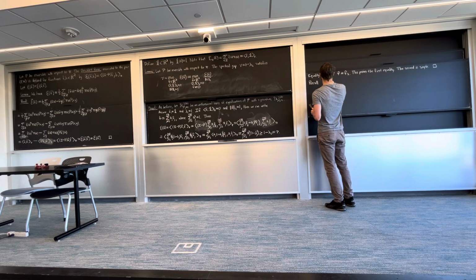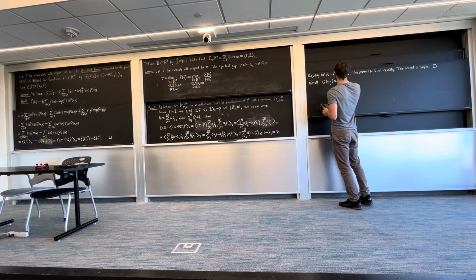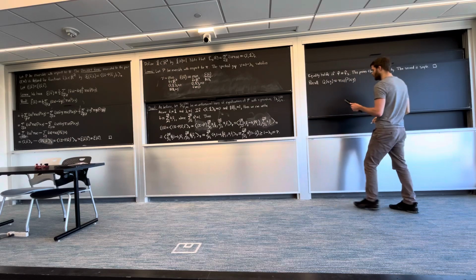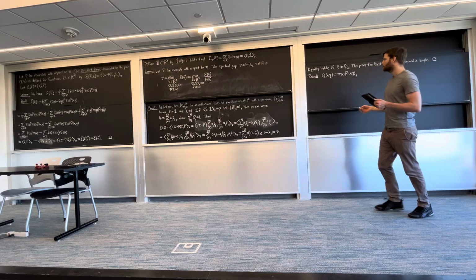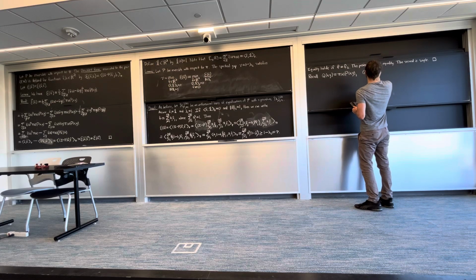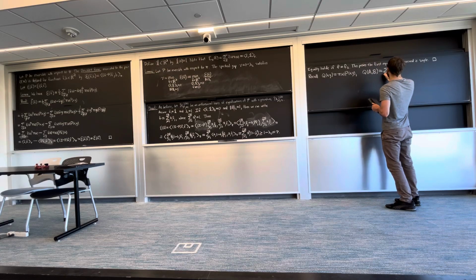We said Q of x, y, where x and y are 2 states, we define this to be pi of x times the probability of going from x to y. And then if we had sets of states A and B, then Q of A, B is just the sum over all states x in A and y in B of Q of x, y.